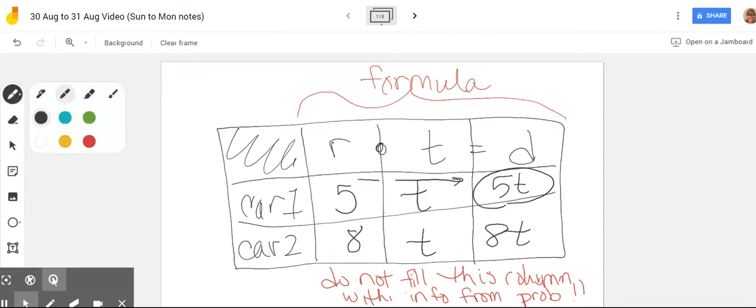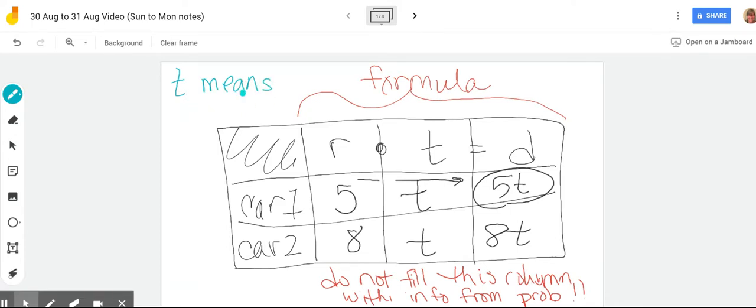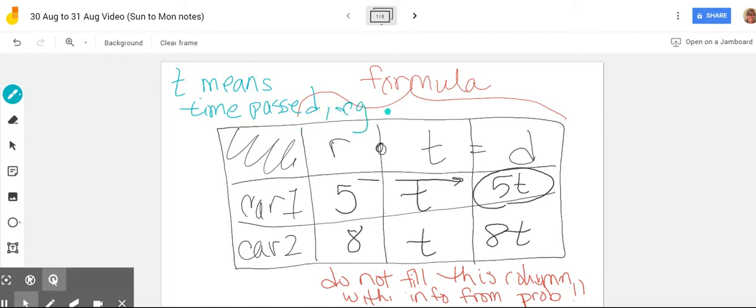Time means time passed. How do I say that? For example, 1 minute, 1 hour, 1 day.